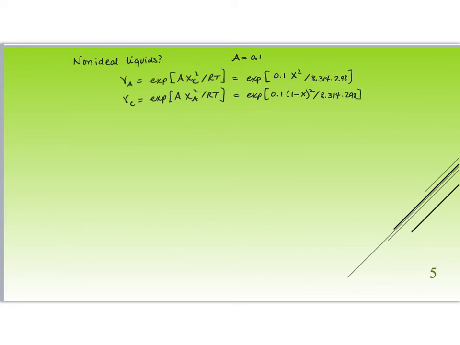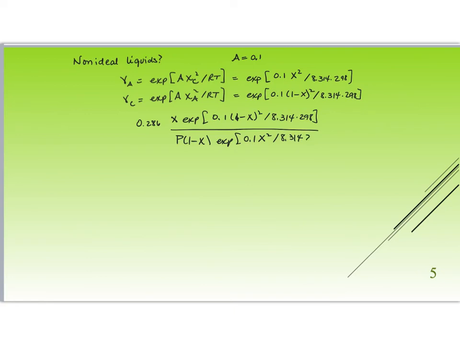When we plug these in, we get 0.286 x times the exponential of 0.1 times (1 minus x) quantity squared over 8.314 times 298, all over P times (1 minus x) exponential of 0.1 x squared over 8.314 times 298. We can work with the x over P times (1 minus x), or we can use our ideal gas law if we want to fix volume.